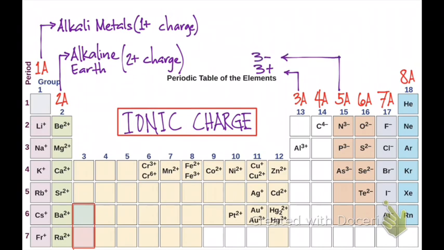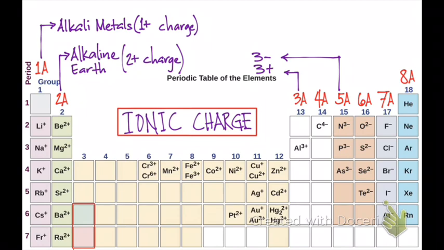Group 5 elements tend to have a negative 3 charge, and the reason why is because now we're accessing the nonmetals, and they tend to gain electrons. And so when nitrogen gains 3 additional electrons, it becomes isoelectronic with the next noble gas, which is neon.